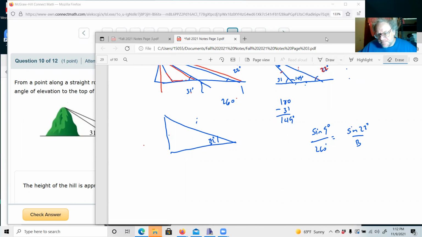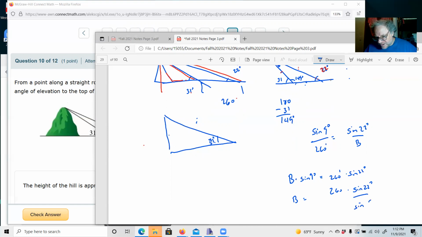Cross multiply here. So b times sine of 9 degrees is equal to 260 feet times sine of 22 degrees. So b is equal to 260 times sine of 22 degrees over the sine of 9 degrees. Okay, and there we go.